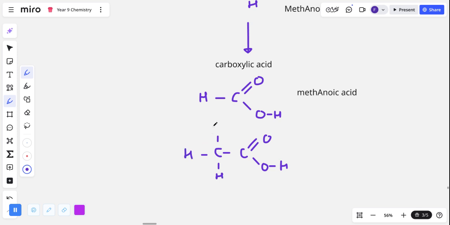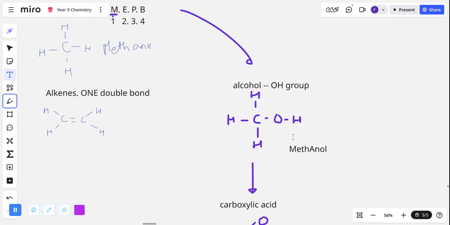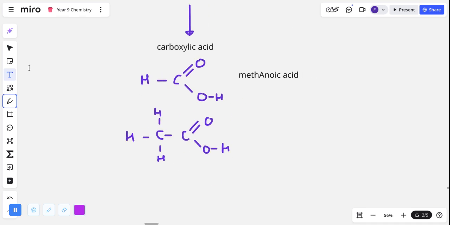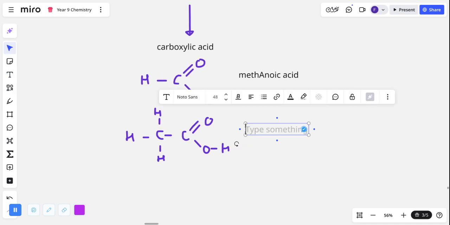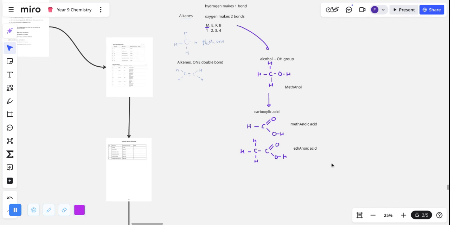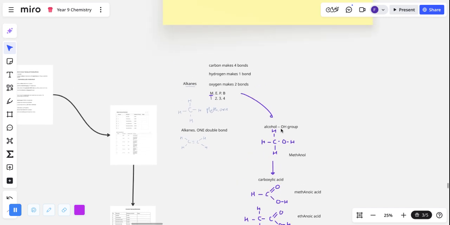This is two carbons, so go back to MEPB. Two carbons is E, so this is ethanoic acid.